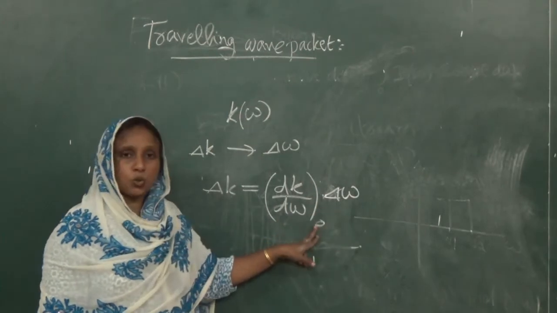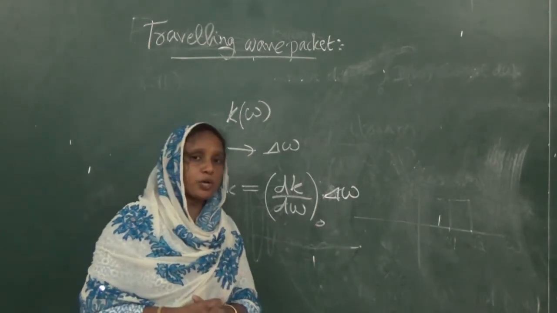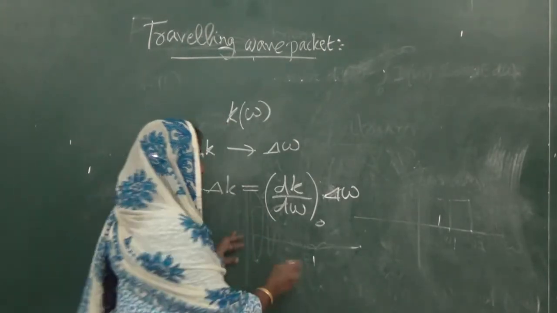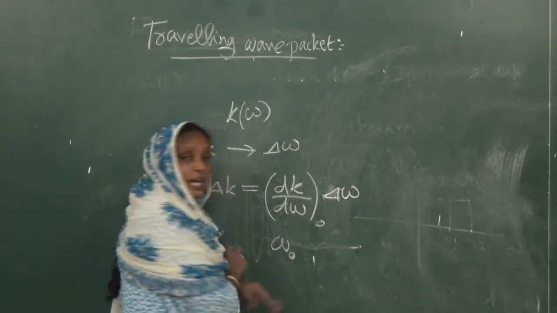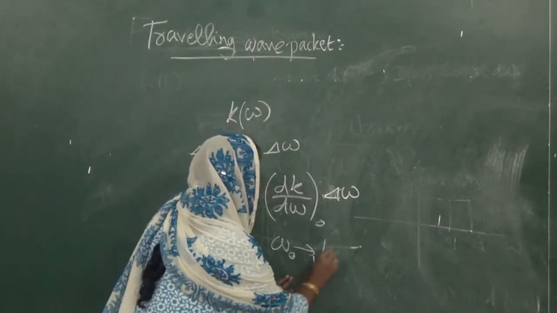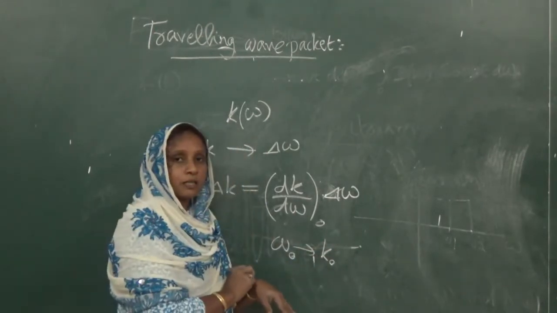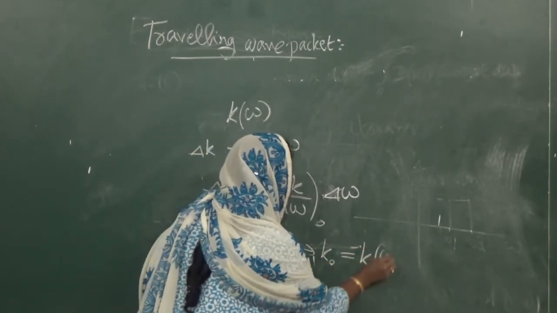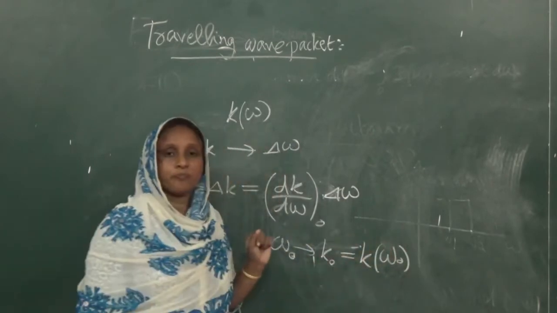But what is this 0? This corresponds to the maximum, the center frequency. That is, for a center frequency omega 0, there is a center wave vector k0, such that k0 equal to k of omega 0.